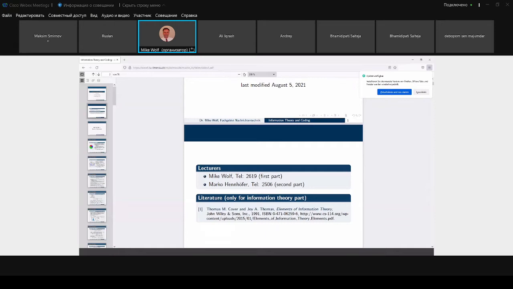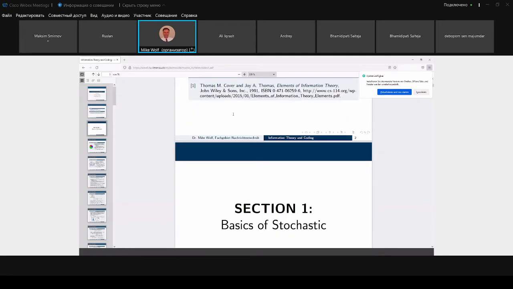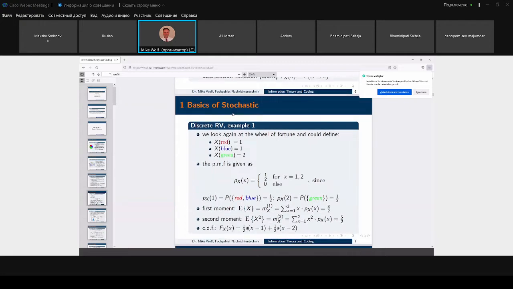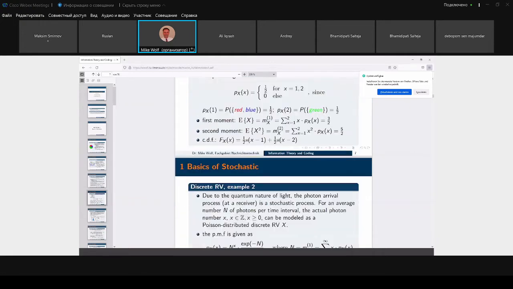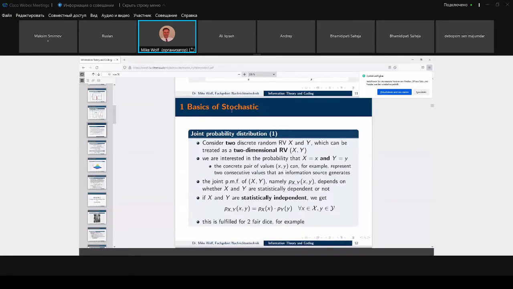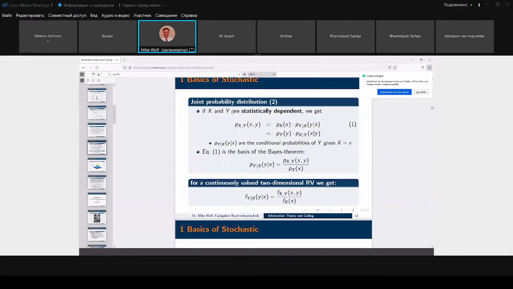What have we done in the last lecture? So we introduced the entropy, as you remember, after just talking about basics of stochastic.